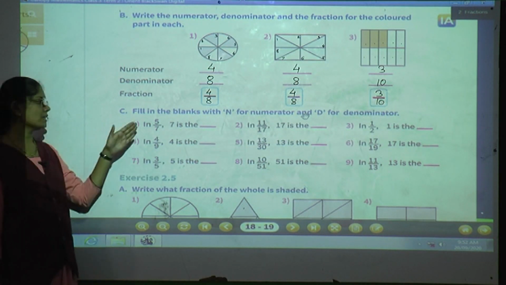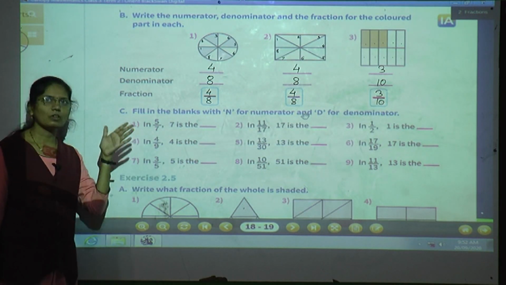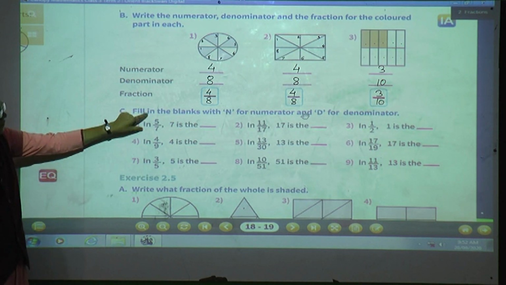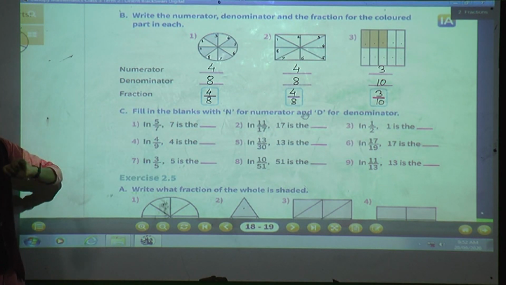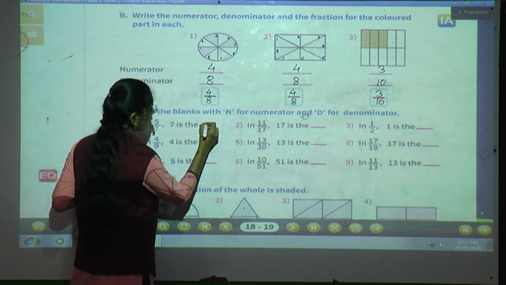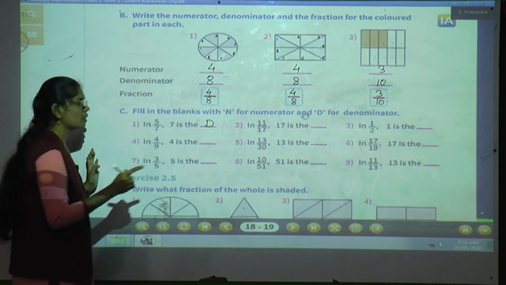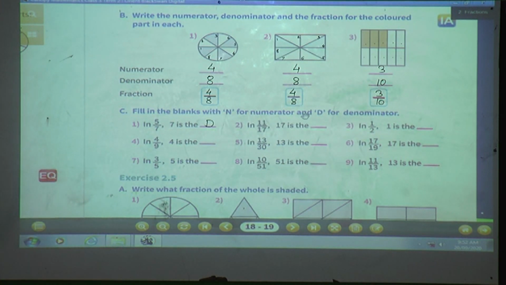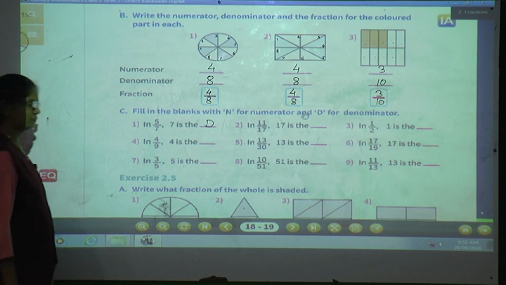Now we have to write whether 7 is the denominator or numerator. See the fraction carefully. Where is the 7? Yes, 7 is the denominator. So here you have to write only D. D stands for denominator, so you have to write capital D.